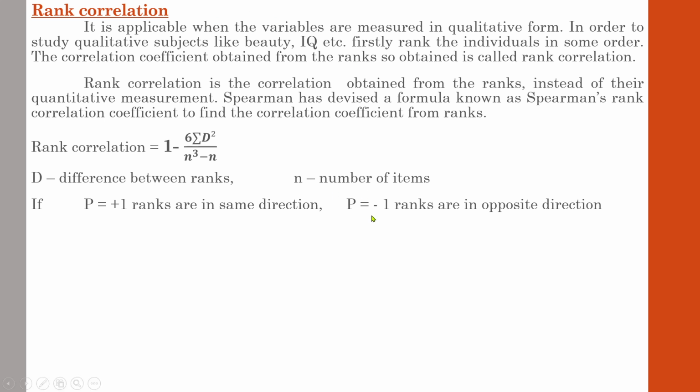And if it is a negative value, it means both the ranks under study are moving in different directions. That is the concept of the interpretation. So remember these factors, familiarize the equation. Let us deal with a case, then you will get a clear picture regarding rank correlation.